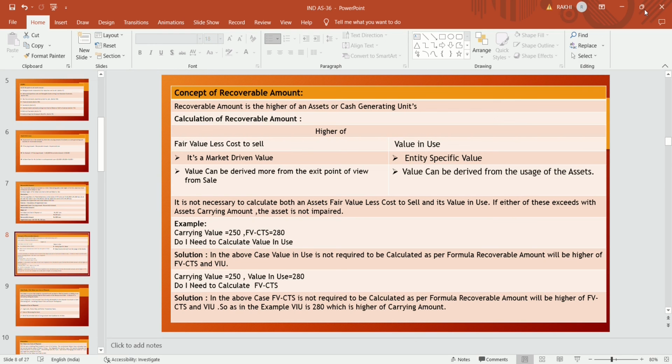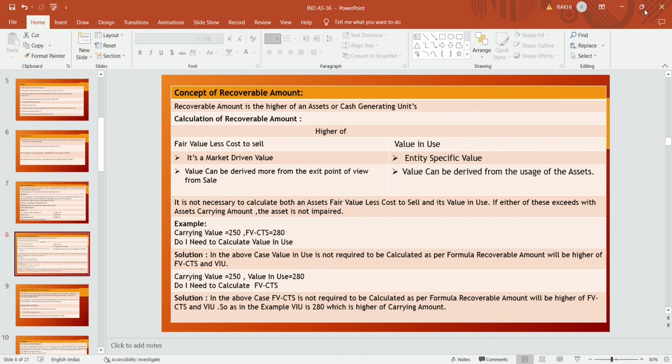Value in use depends on the cash flow we will generate from the use of that asset, and also at the time of terminal disposal. So value in use is an entity specific value.